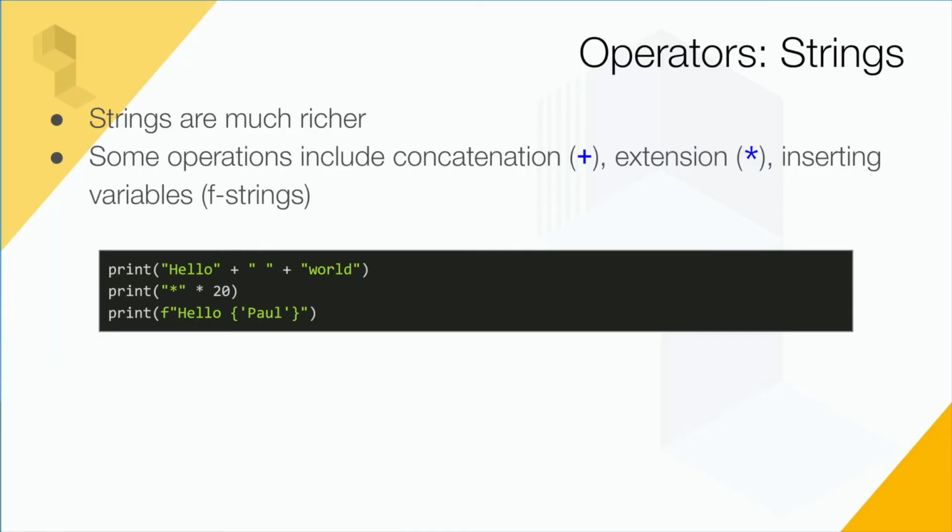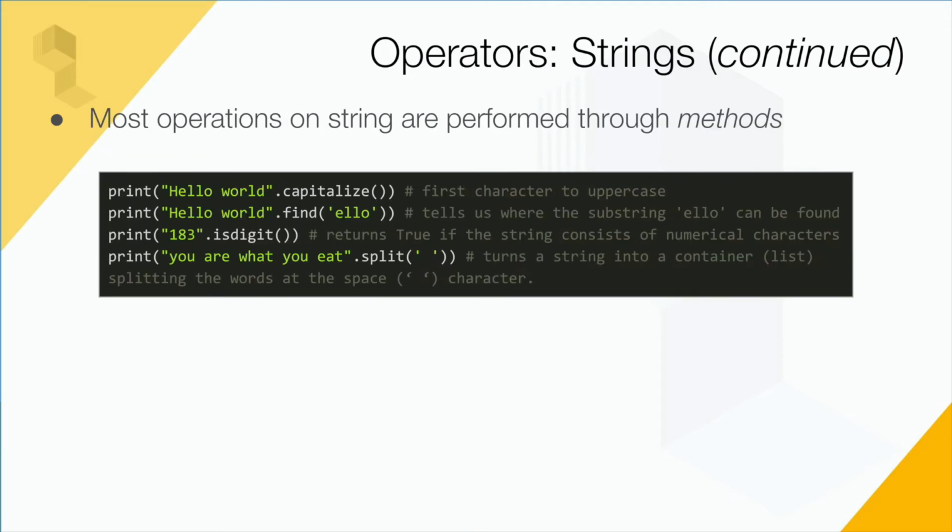Strings are a much richer data type and allow plenty of operations such as concatenation, joining multiple strings, extension, as well as other handy ways to embed values into them through the f-string representation that we have already seen before. Most of the operations of strings are performed through methods, which are functions attached to the string object.